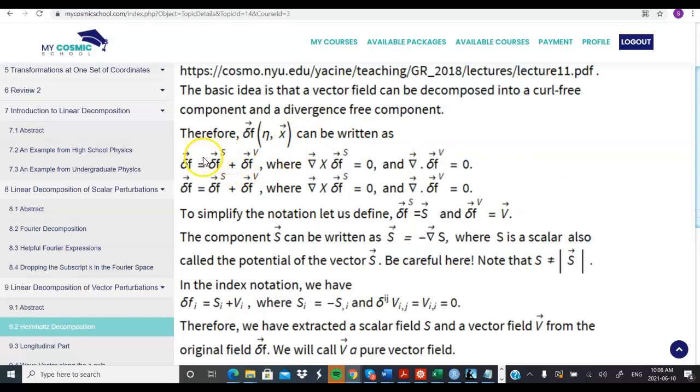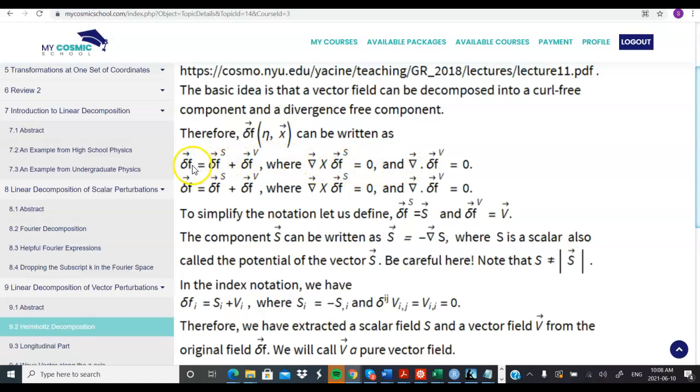Now this scalar part is curl free and the vector part is divergence free. This is the condition which we are imposing upon these two. This splitting up is subject to these two conditions.